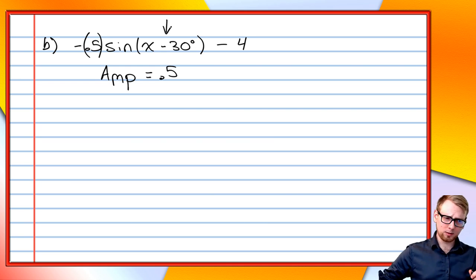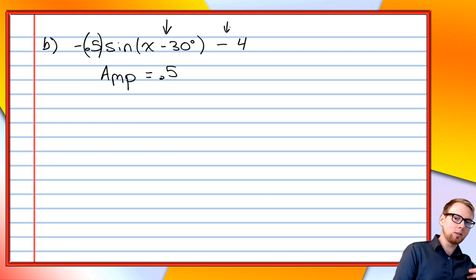This actually tells you it's not left or right. This minus sign tells you which direction. If this was x plus 30, it would be one direction. Since it's x minus, it's another. Again, there's no "or" here, so I need you to figure it out. Tell me, is it up or down, or left or right? You have to choose.